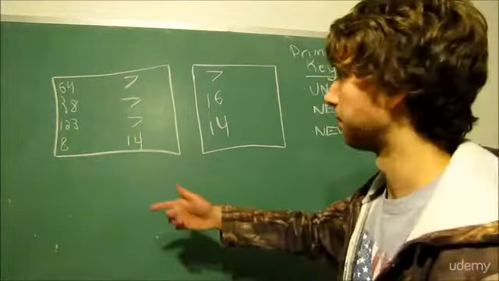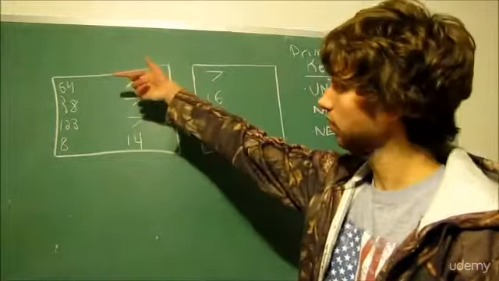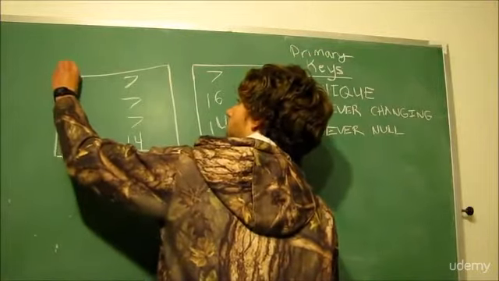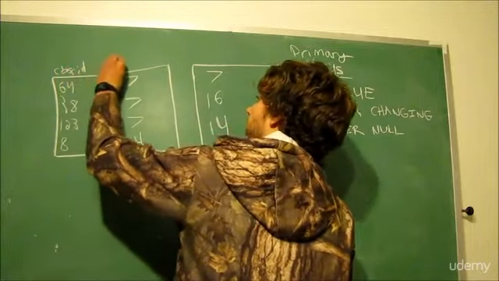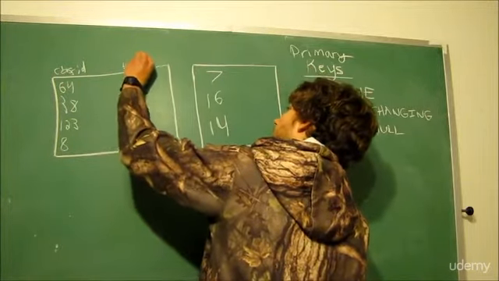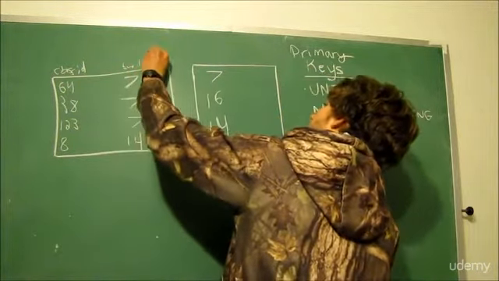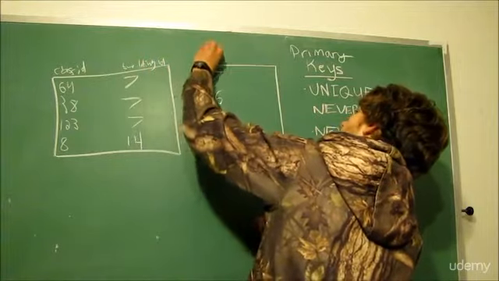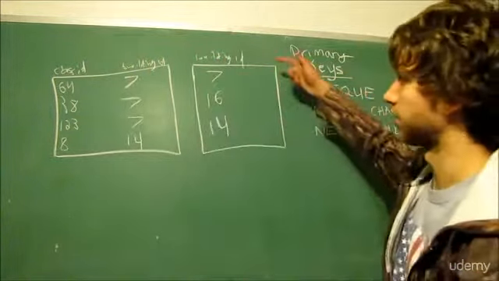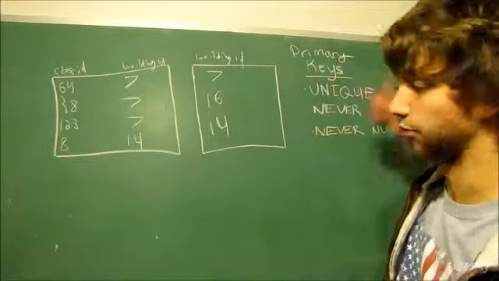So here's just an example. Over here we got the class ID, and then we got the building ID. And then we can have more information about the building here if we wanted.